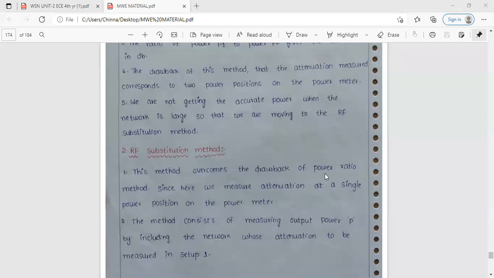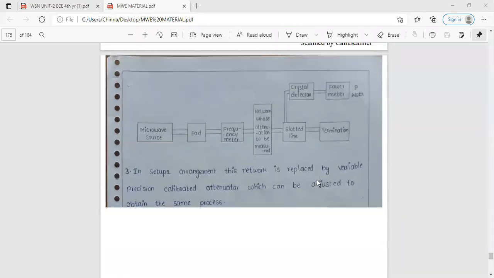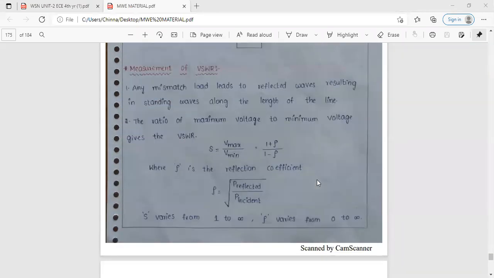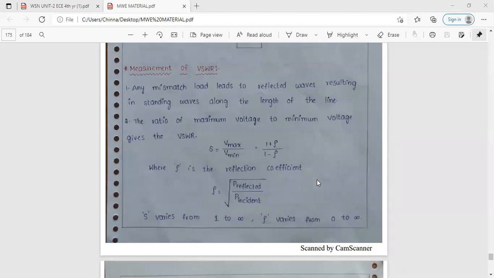Now I want to discuss the measurement of the voltage standing wave ratio.